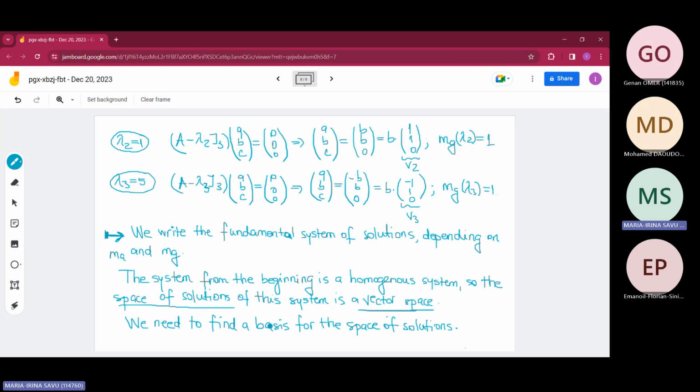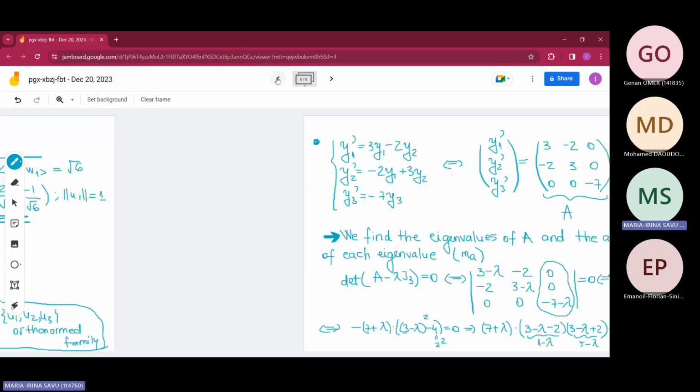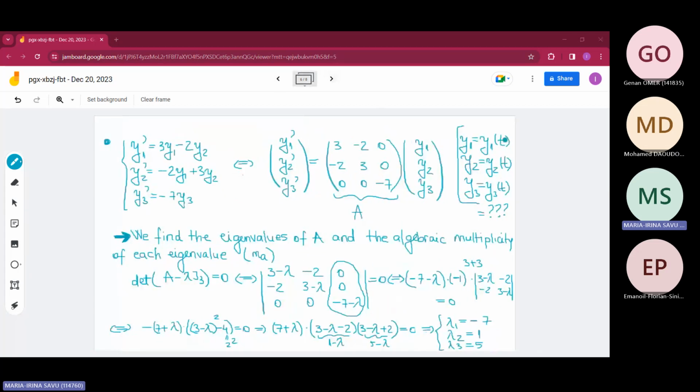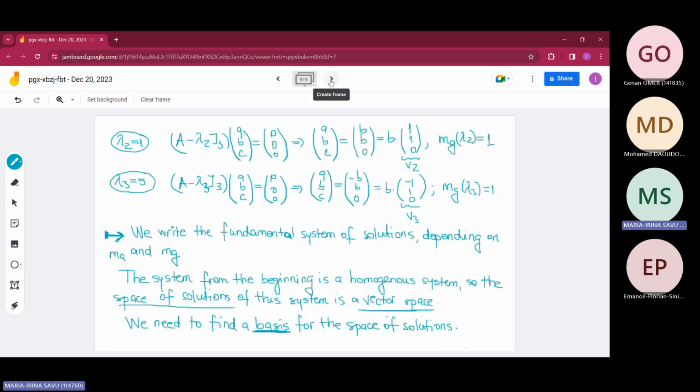Vectors in R2, R3, matrices, functions? In the basis, we will have vectors from R3. Just a second. The solutions of the initial system are actually functions, exactly. So the solutions are functions. I have a system in which you know some functions, so I have to find a basis for it with functions.